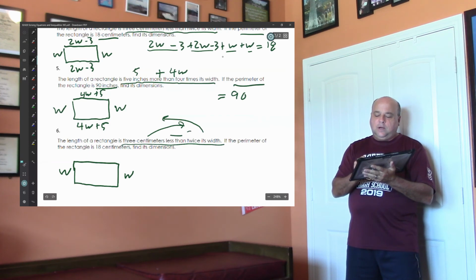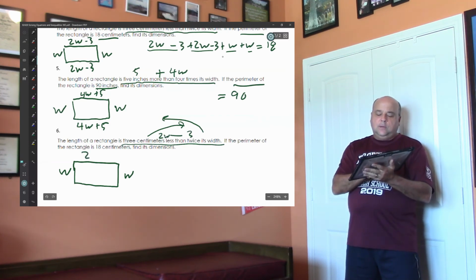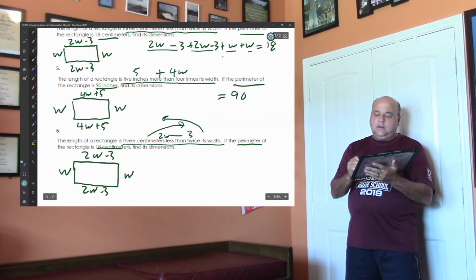It's going to be 3 at the end and 2w at the beginning, so 2w minus 3. You're going to add those up, and the perimeter is 18. So you add up the 4 edges, and you're going to get 18. Then solve it for w, and find out the length and the width.